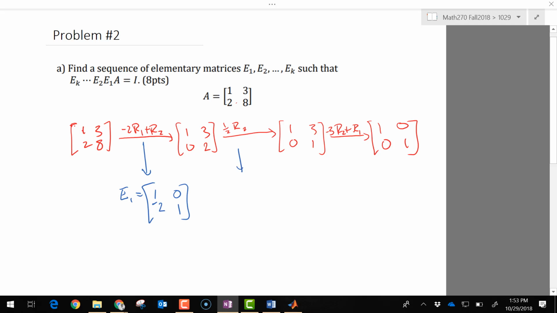And then our second elementary matrix is going to be 1, 0, 0, 1/2. And then our third elementary matrix is going to be 1 and then -3, 0, 1. So those are your elementary matrices.